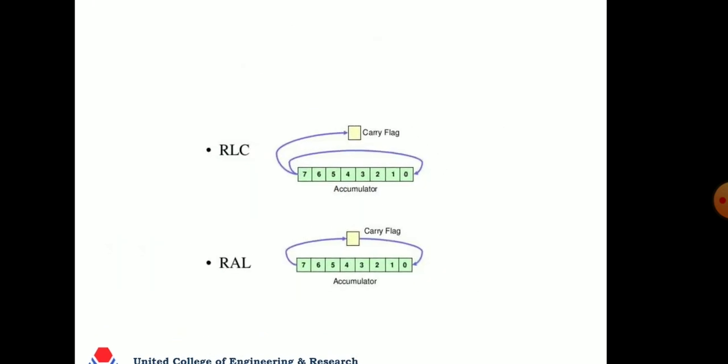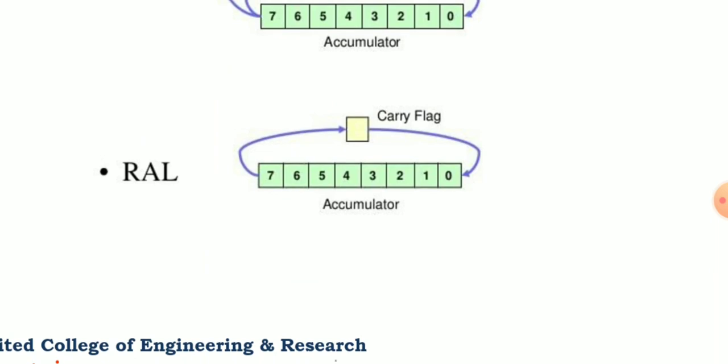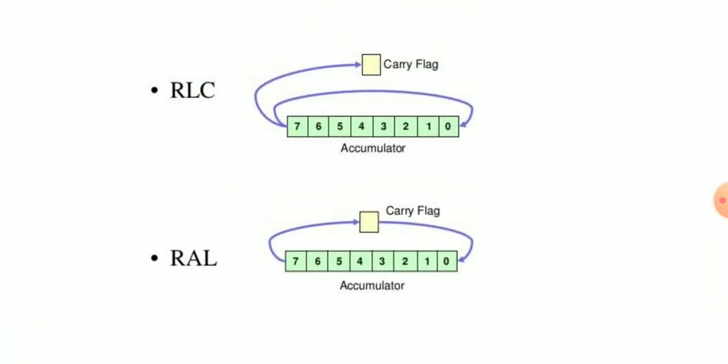Here is an example of the difference between RLC and RAL. The full form of RLC is rotate accumulator left without carry, and RAL is rotate accumulator left with carry.